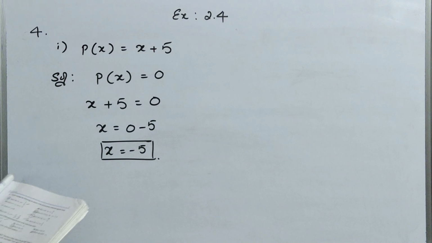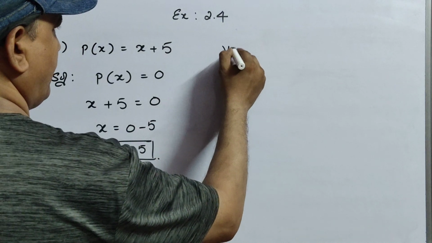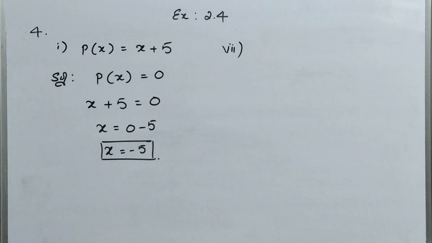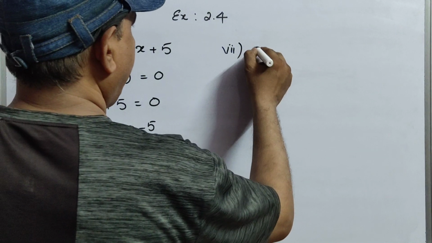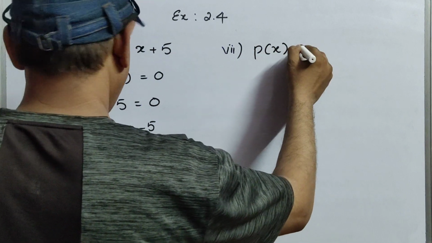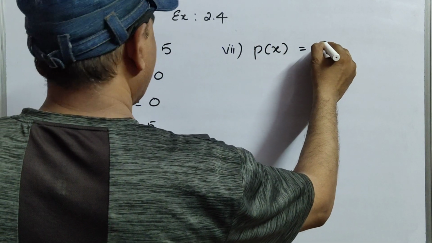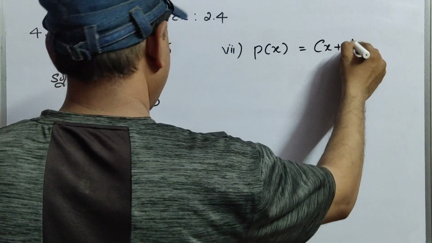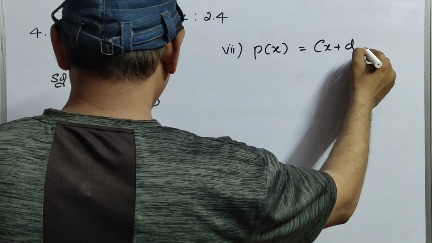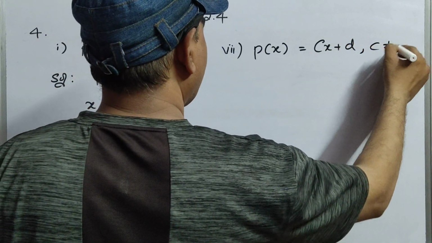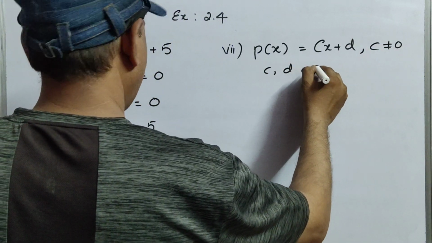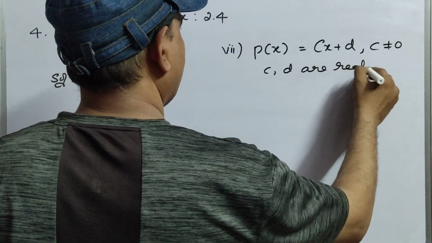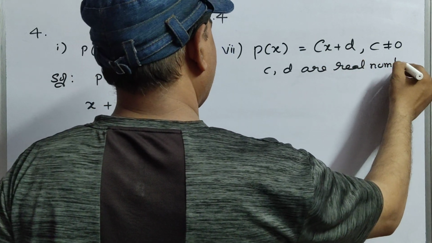I will do again the 7th sum, children. Okay, I will do the 7th sum for you. See the 7th question there. p of x equals cx plus d, and he has given that c not equals 0 and c, d are real numbers.